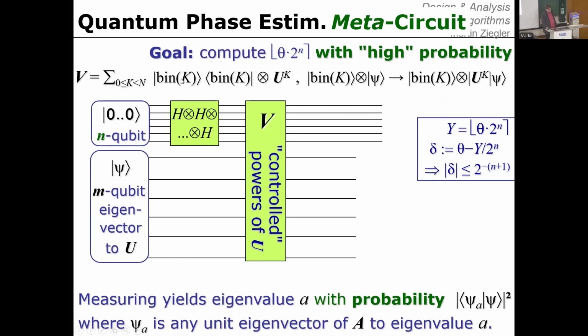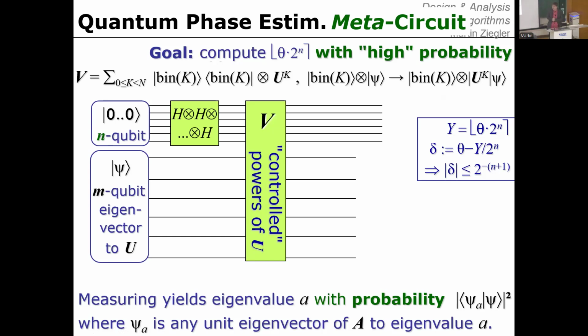And this means don't change the first n qubits. So this is a sum of controlled powers of U. The first n qubits tell which power of U to apply to the others. That's a nice idea.